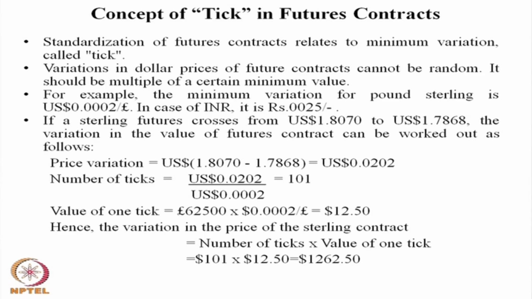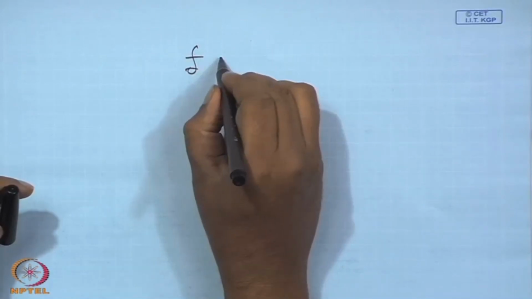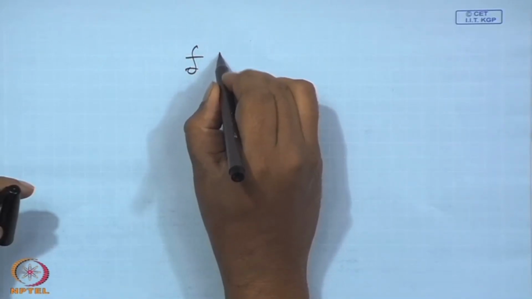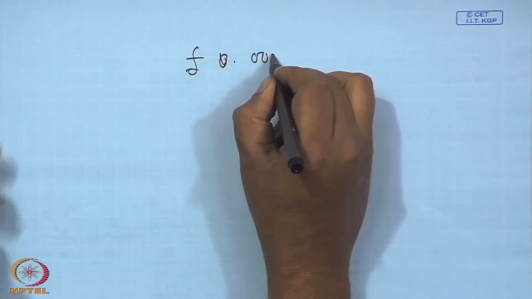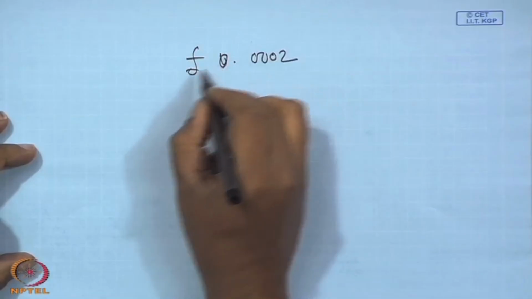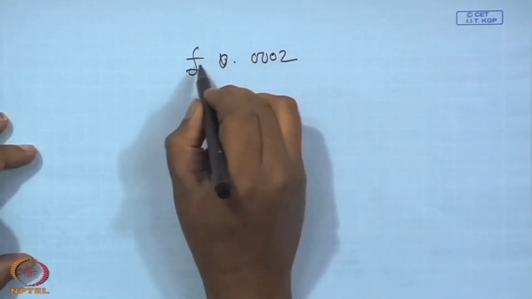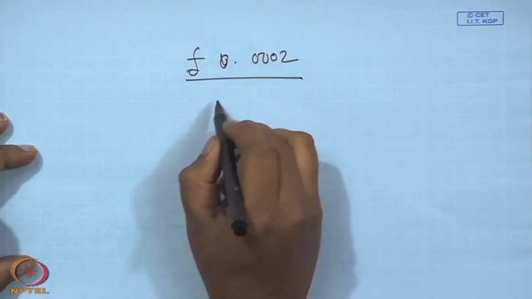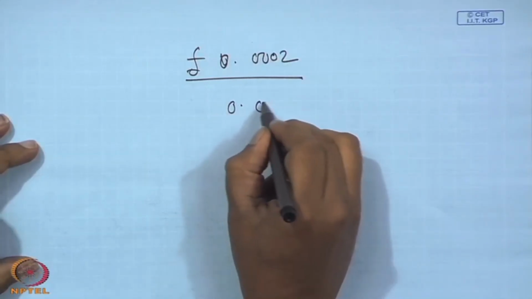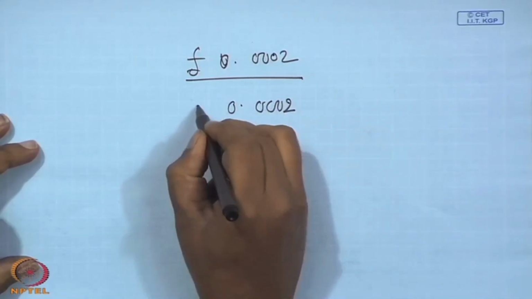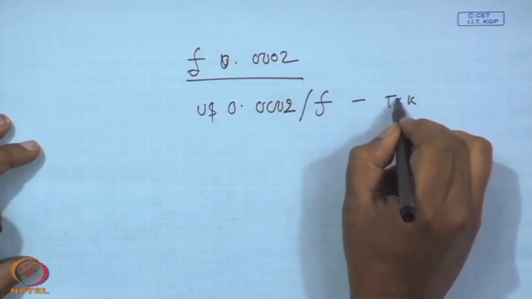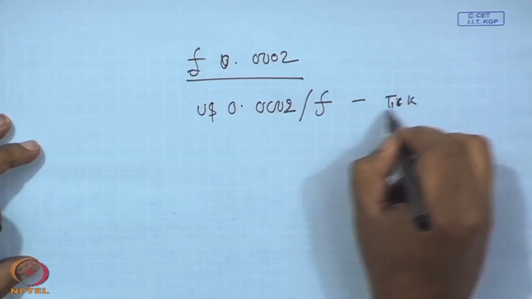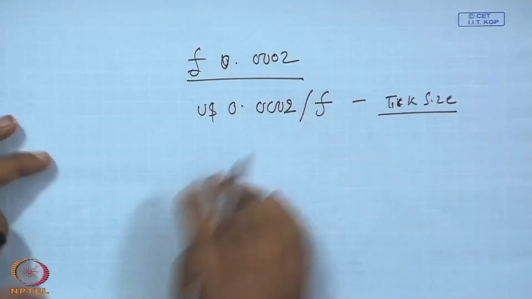In case of pound sterling, the tick size is 0.0002 US dollar per pound sterling. That is called the tick size or minimum variation of the future contract.